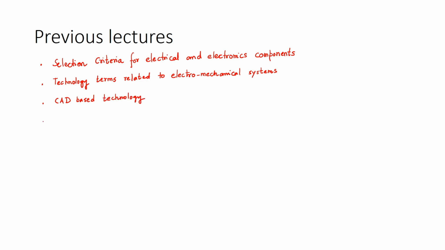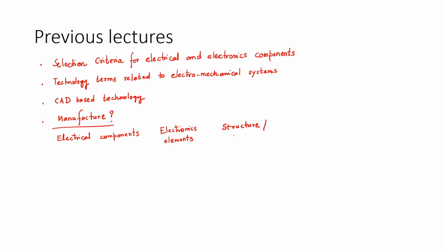Now comes how to manufacture various elements of an automated system. Let us look at what are the various components in a typical automated system. A typical automated system may have electrical components, electronics elements, and the structure or the body of the system.